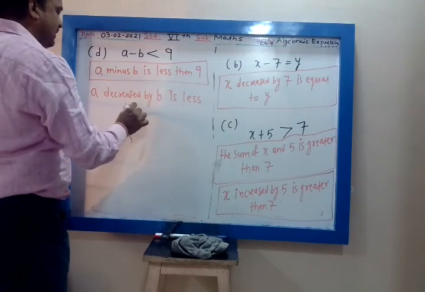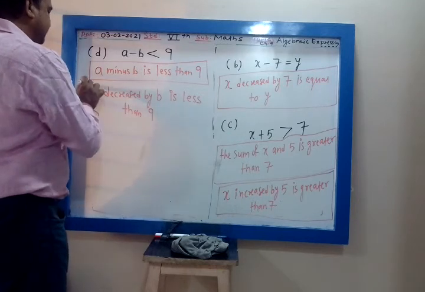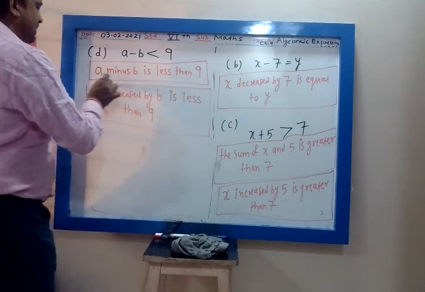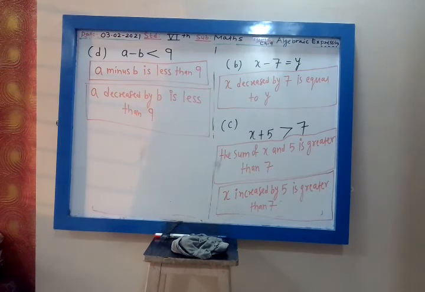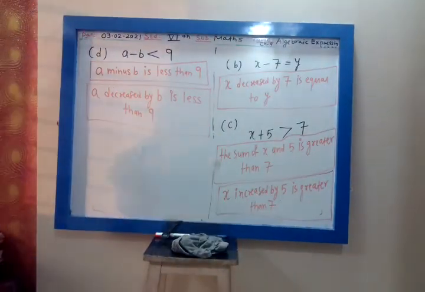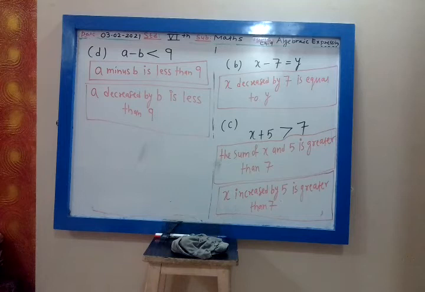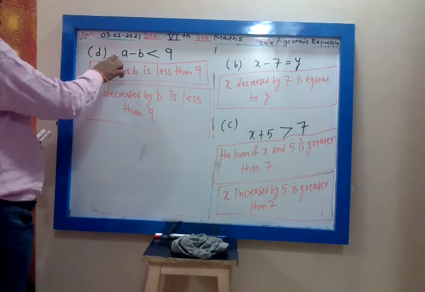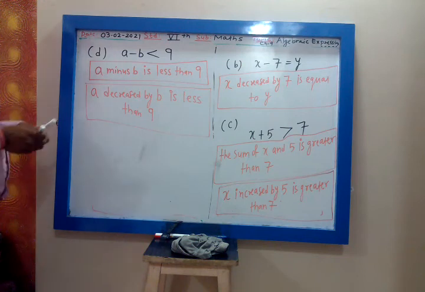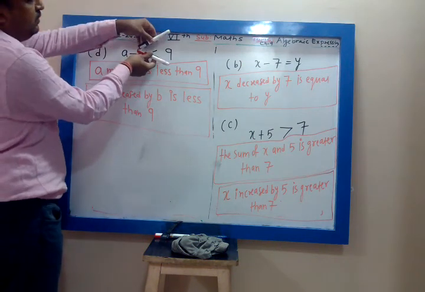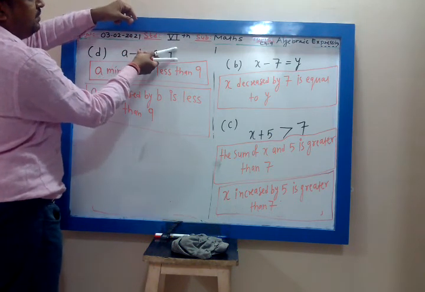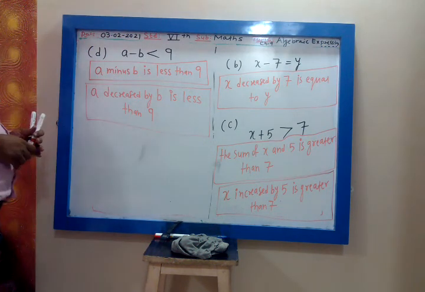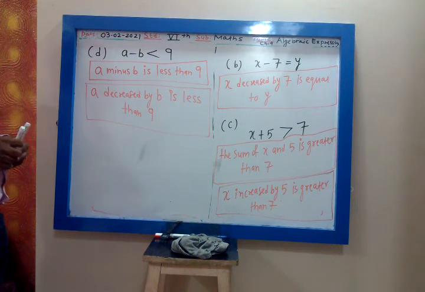Why do we say less than? Because the inequality is towards 9, which means 9 is bigger and a minus b is smaller. So a minus b is less than 9, or a decreased by b is less than 9.